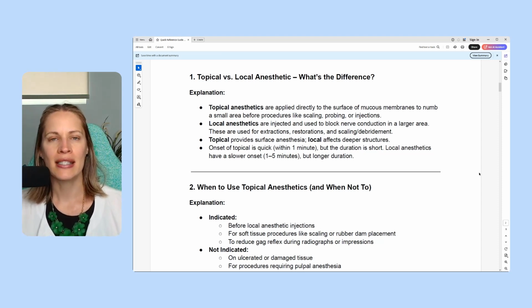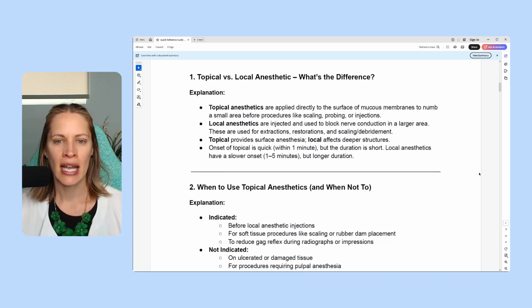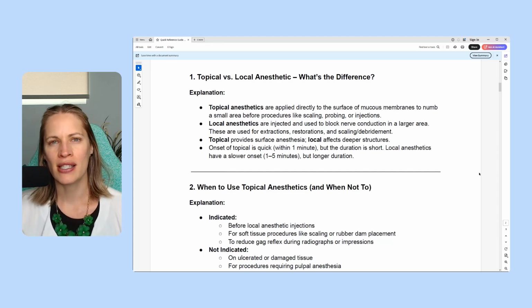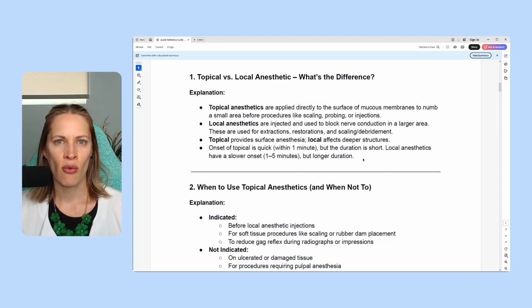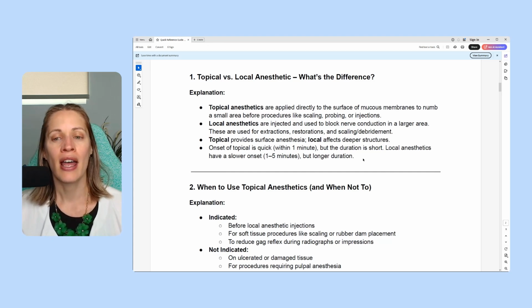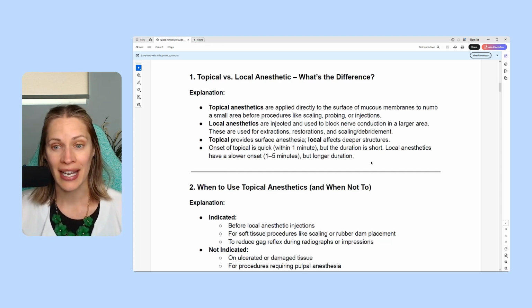To summarize, topical just goes before the local anesthetic. But there are other reasons why we would use topical. For example, you could use it when you're putting on the rubber dam. That clamp has to go around the tooth, but sometimes it is on the gums a little bit, and that can be very uncomfortable. If we apply topical first to that gum area, that can really help alleviate any discomfort.